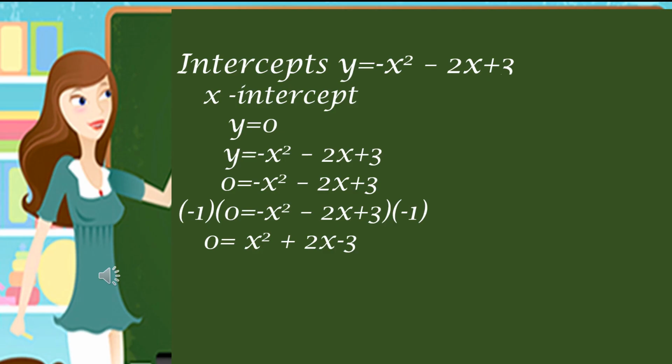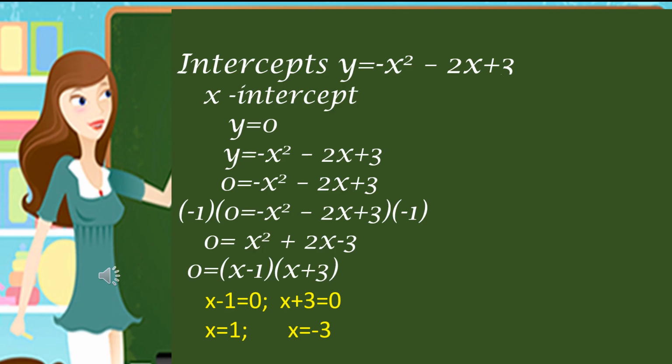Then factoring, think of the factors of negative 3 that if we add or subtract the answer is 2, so we have 3 and negative 1. Then using the zero property, we have x minus 1 equals 0 and x plus 3 equals 0, so x is equal to 1 and x is equal to negative 3.